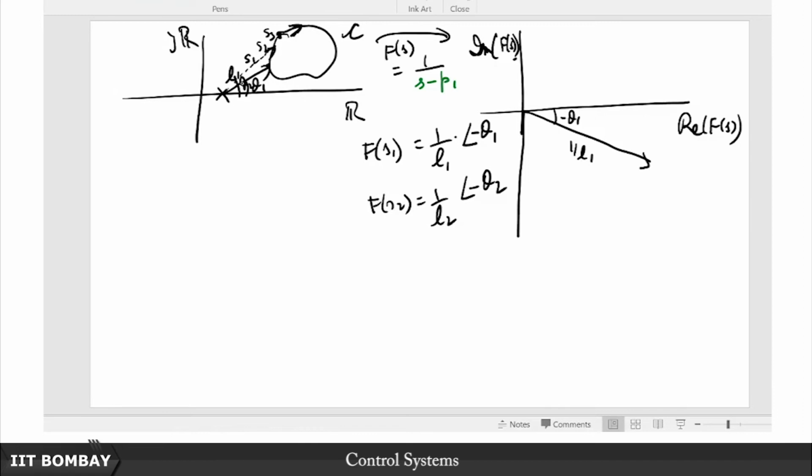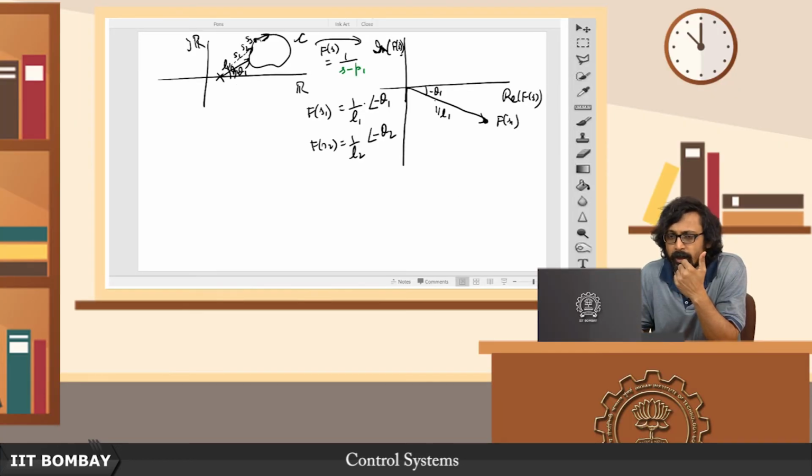Now, notice that magnitude wise theta 2 is greater than theta 1, therefore, minus theta 2 would be somewhere further down here. So, if this point is your f of S1, where is your f of S2? Notice that f of S2 will be further rotated in the clockwise direction. So, this being traversed in the clockwise direction also implies that this will be traversed in the clockwise direction as well, because remember minus theta 2 is going to be somewhere here.